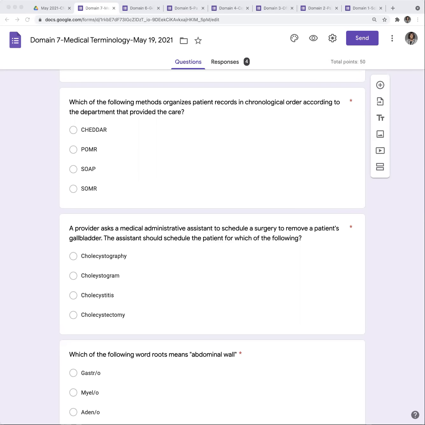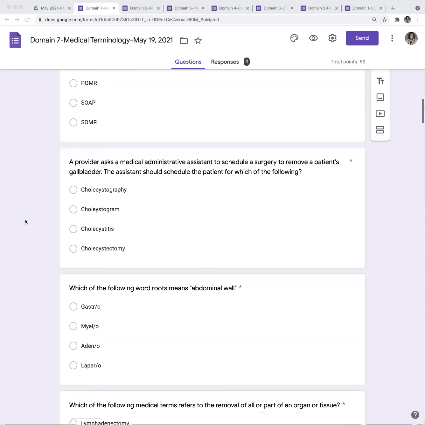And something I will tell you from previous courses, if they don't read the packets, they find that they struggle with these specific types of questions. So this would be a problem-oriented medical record, POMR. I knew it was that one or the last one. And it is in your packet.